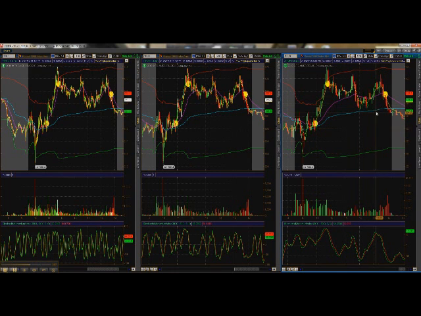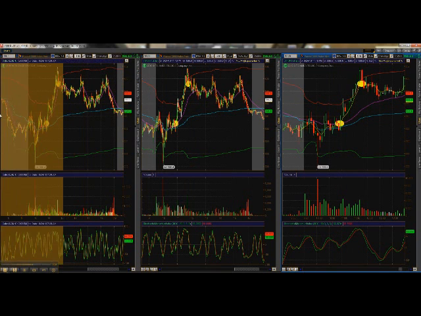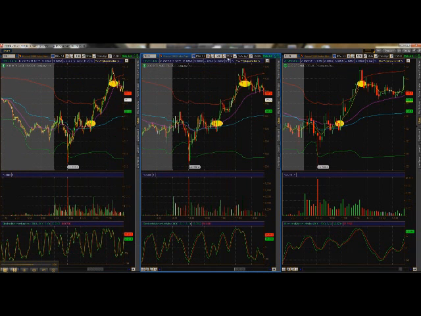The one move that I'm actually going to concentrate on tonight is this move right here. This was early in the trading session, and we had a cross of the 5-period EMA above the 34-period EMA. This continued on for quite some time. We had a pullback, and I'm going to zoom in here.